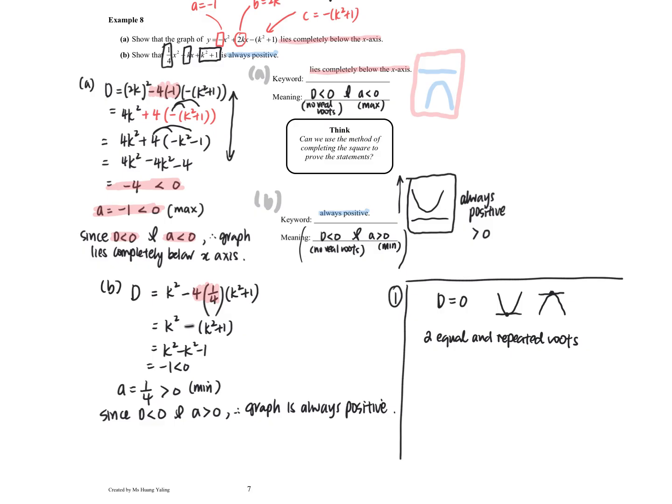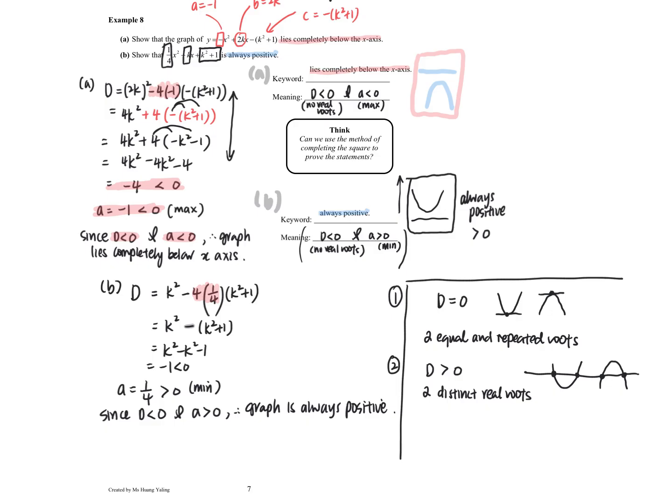Only one intersection. Okay? And then second case is where you have discriminant greater than 0. You have 2 distinct real roots. It means whether it's a minimum curve or maximum curve, it will cut the x-axis at 2 points. So this one also clear cut.